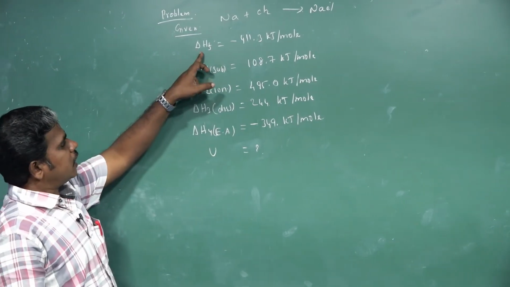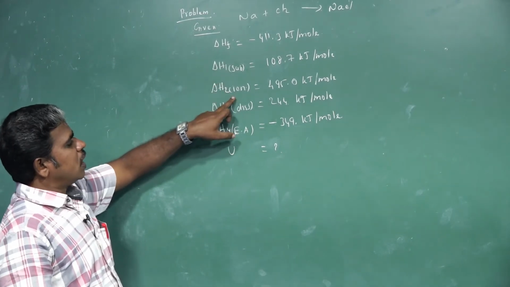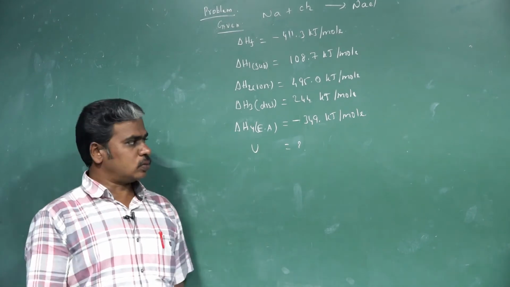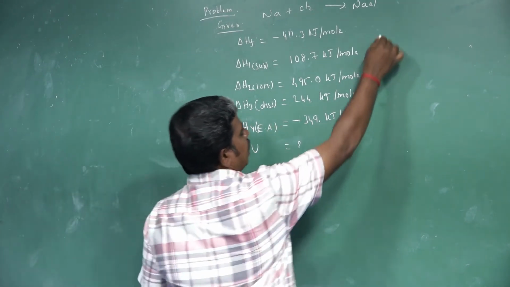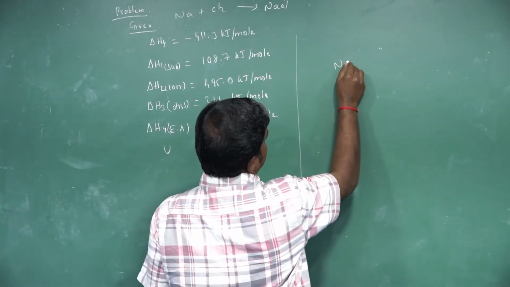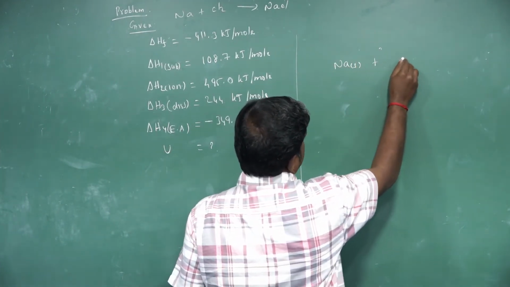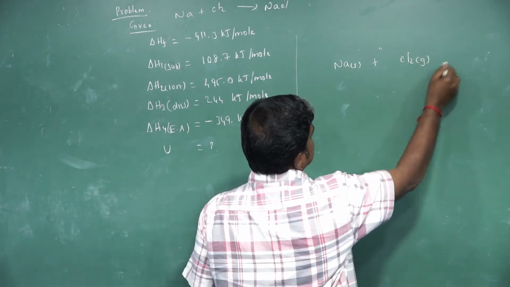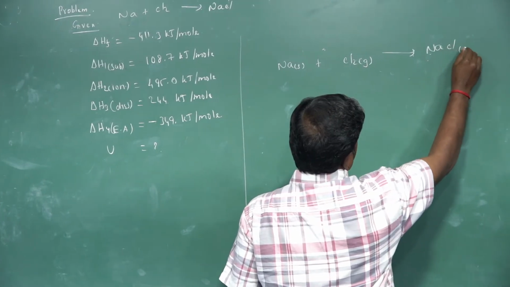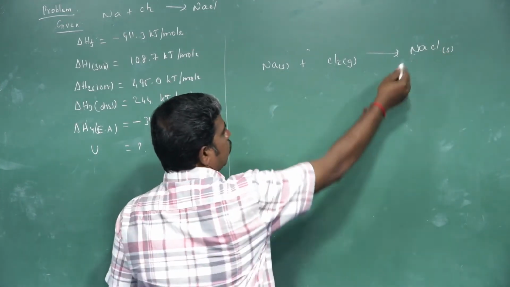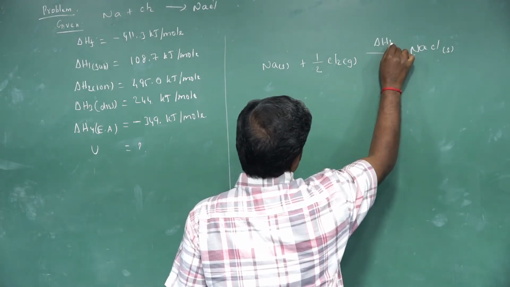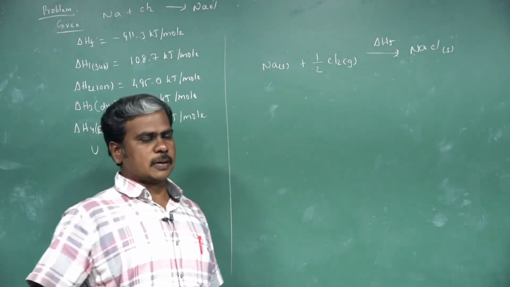They have given delta HF and the sublimation, ionization, dissociation and electron affinity values. Now to find out U, we are taking Na, sodium solid, and chlorine gas, which is converted into NaCl, sodium chloride, a solid. Now by balancing, it is delta H formation of sodium chloride.